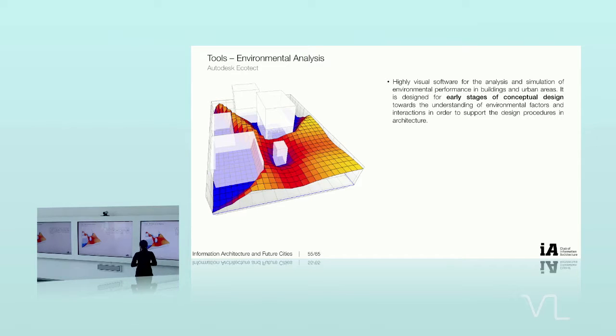It's called Autodesk Ecotect. I think they're going to end it at some point because they're going to replace it with another software. But this was quite an easy to use tool and it was really nice for architects because it could really visualize the different data and the different measures for this analysis.